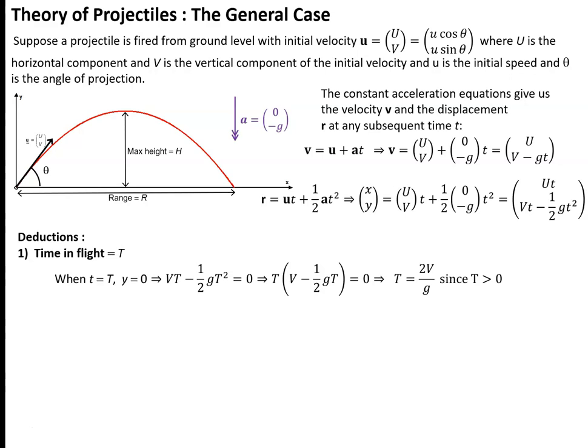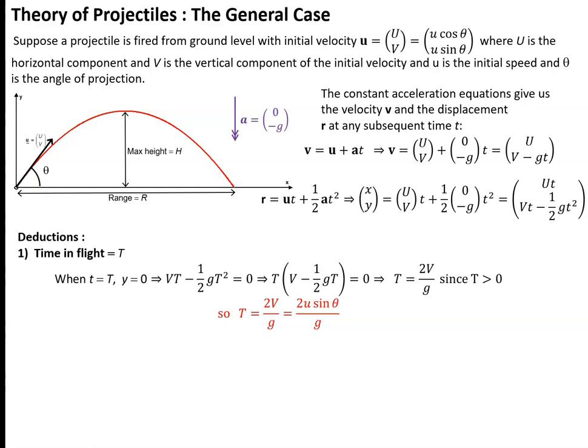Common factor of T, so I've got T times V minus a half gT must equal 0. So either T equals 0, which is not particularly interesting because that's the initial time, the point where we are projecting the projectile, or we have got V equals a half gT. In other words, T must be equal to 2V divided by g. So we've got the time in flight is 2V divided by g.